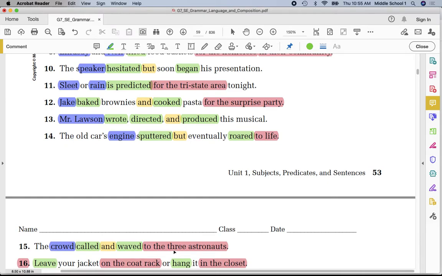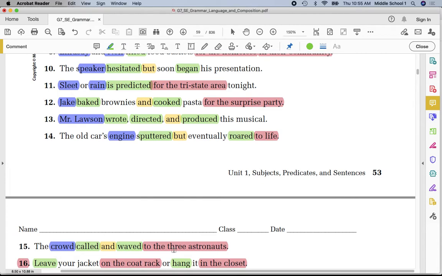16. Leave your jacket on the coat rack or hang it in the closet. Where's my subject? I don't see a subject. What about an imperative sentence? Pick up your room. Go to the store. Leave your brother alone.